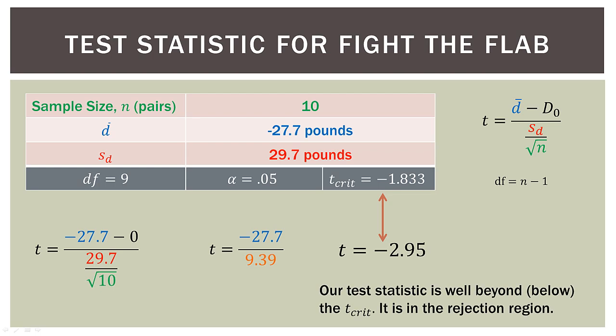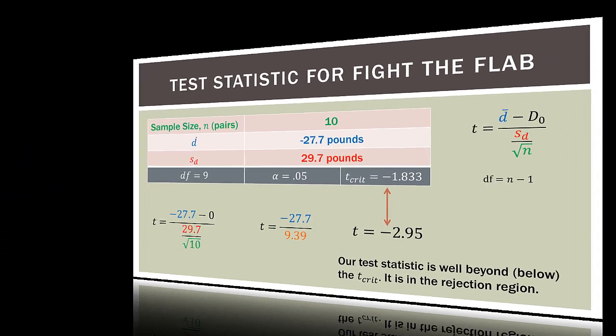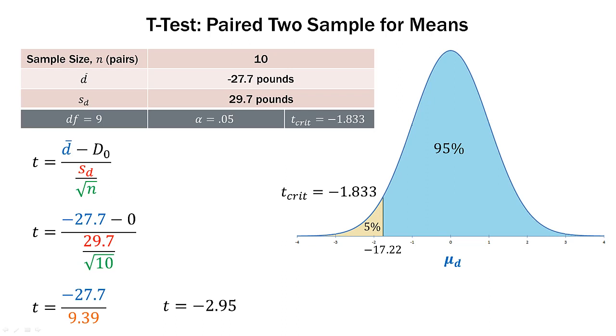So what does that mean? Well, our test statistic is well below our t-critical. It is therefore in the rejection region in our distribution. So here's where we left our graphic from before. We have our test statistic we calculated, negative 2.95. We have our critical value here at negative 1.833, which of course represents an average loss of 17.22 pounds.